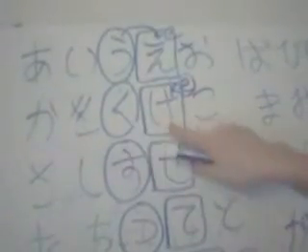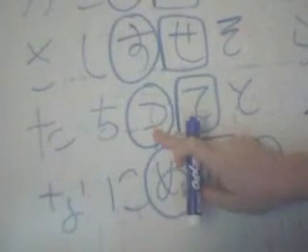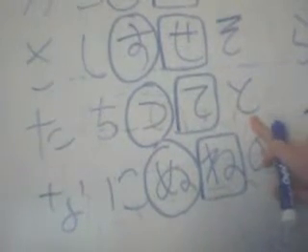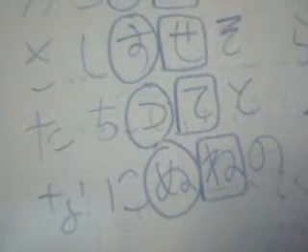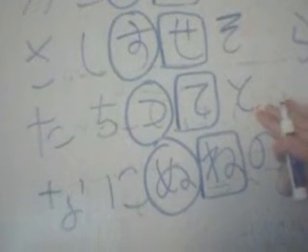So ku to ke, su to se. Let's say you have the verb matsu. Here's ta, chi, tsu, te, to. Which of these hiragana has the e sound in it?